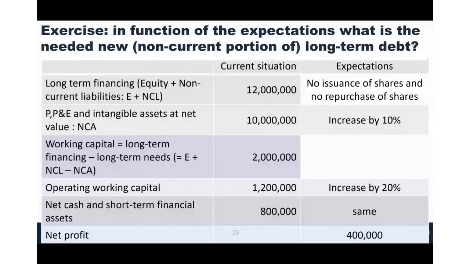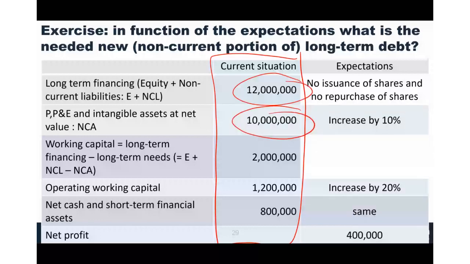Another exercise now. This is the current situation. The long-term financing is 12 million. What we need to finance is 10 million in the long term. So the working capital is 2 million, the difference between the two. What do we finance with the 2 million?